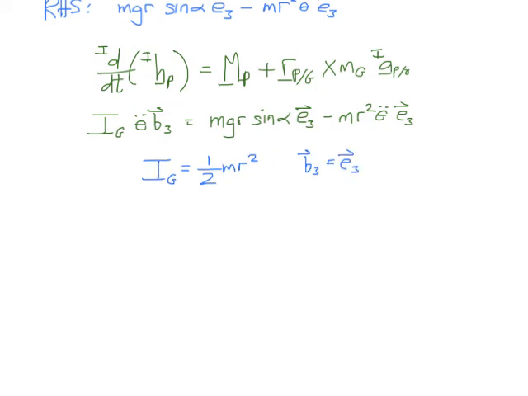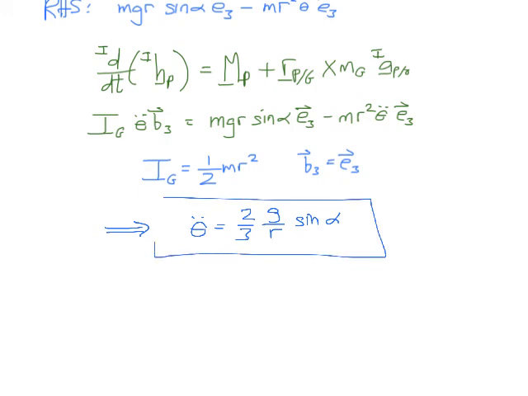After making those substitutions and solving for theta double dot, we get that theta double dot is equal to 2/3 g over r sine alpha. This is the same equation of motion that we had for the disk rolling down the inclined plane earlier when we applied both Euler's first law and Euler's second law.